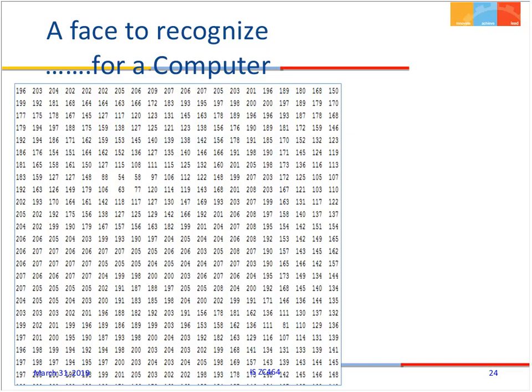If I tell it that this is person ID 1, and tomorrow I give another face image and tell it this is person ID 2, maybe 100 faces I use for 2 persons, taken in different imaging conditions, different light conditions, different poses, different expressions, I keep telling my computer: if you see these numbers, this is person 1; if you see these numbers, this is person 2, and so on.